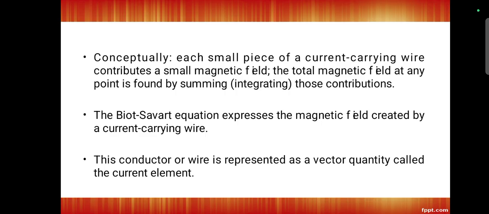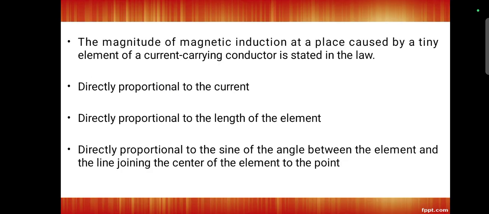The concept behind this law is that each small piece of a current carrying wire contributes a small magnetic field. The total magnetic field at any point is found by summing those contributions. This equation expresses the magnetic field created by a current carrying wire, and the conductor or wire is represented as a vector quantity called the current element.